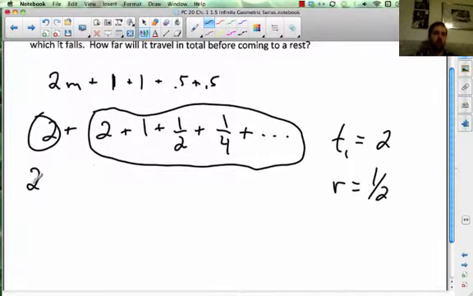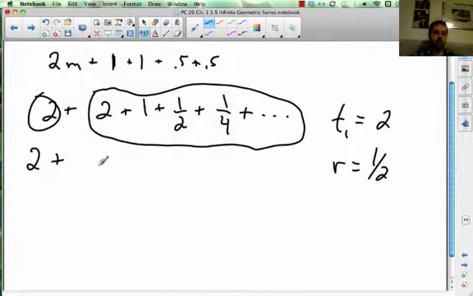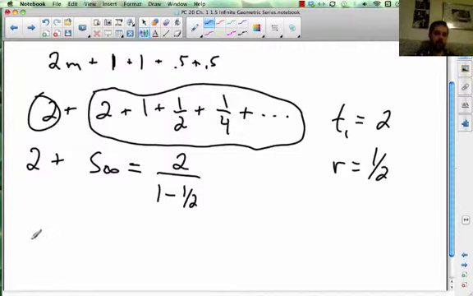So we leave this 2 separate, the original 2 meters it travels before it originally strikes the ground, and we find the sum of this one, which would be 2, your T1, divided by 1 minus your common ratio, which is 1/2. So we have 2 plus this whole thing.